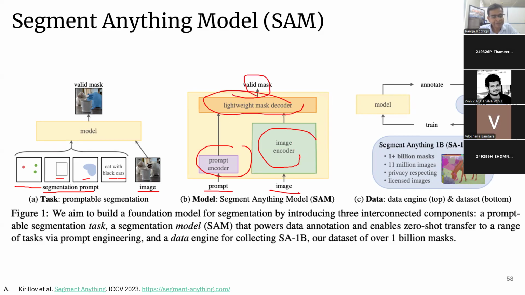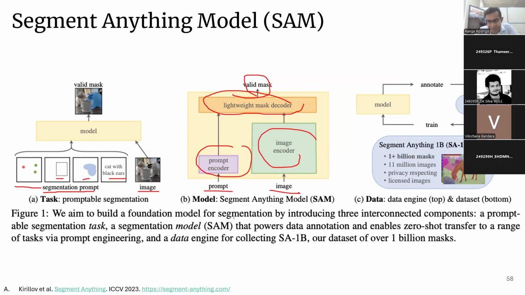We aim to build the foundation model for segmentation by introducing three interconnected components: a promptable segmentation task, a segmentation model SAM that powers data annotation and enables zero-shot transfer to a range of tasks via prompt engineering, and a data engine for collecting SA-1B, our dataset of over 1 billion masks.